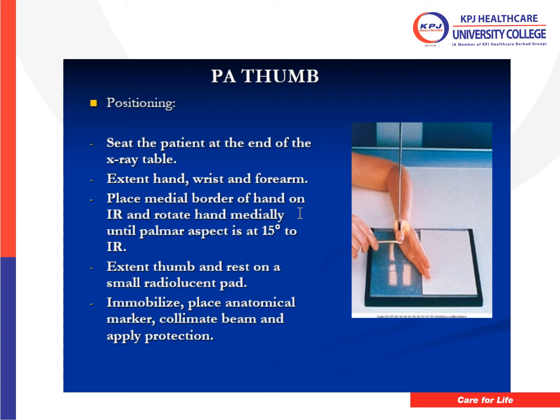Set the patient, extend the hand. It is PA specifically. You can project it the same way. This is splitting, called a split. We projected PA here, and after that we projected another part on the same cassette, the same image receptor. This is slightly different.